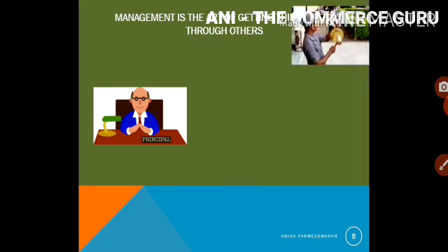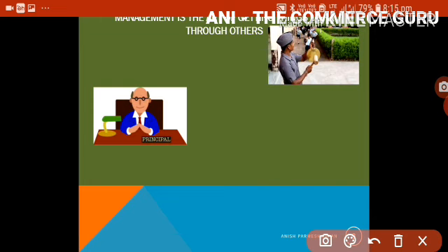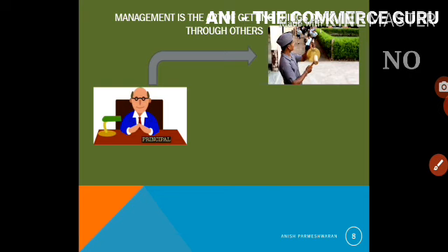Have you ever seen your principal ringing the bell after every class period? I'm sure your answer is a big no. It's not the job of the principal to ring the bell, because a particular person is assigned the duty to ring the bell, and that person will do that work.